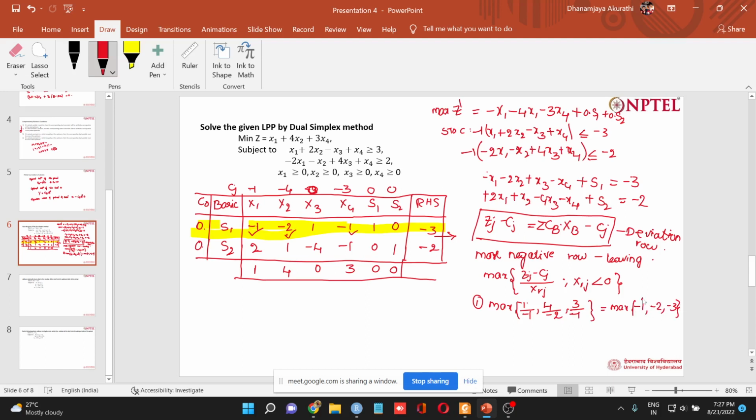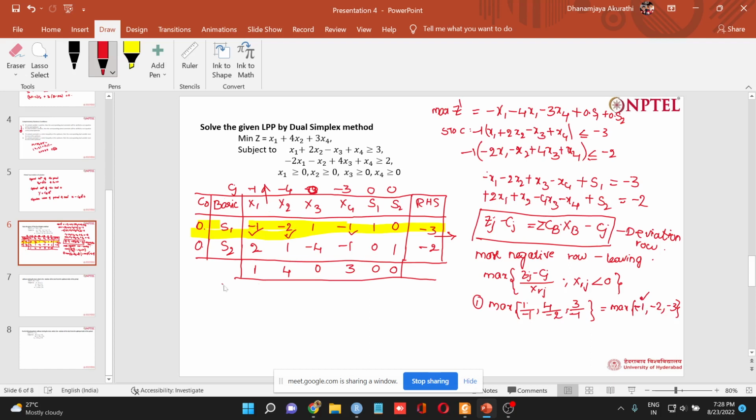Out of these, the maximum value is attained at the first case. So I can say that x1 would be the entering variable in this case. The position only we are choosing, not the value. So this most negative or maximum value is attained at the x1 case.